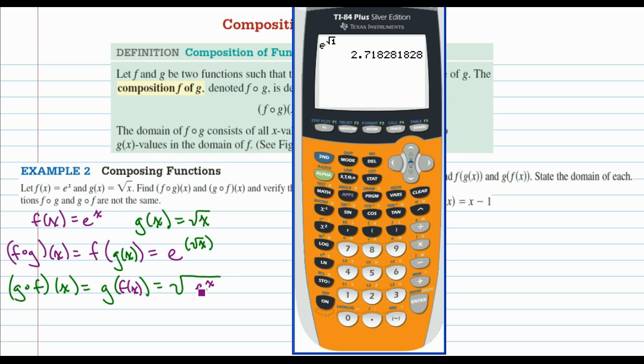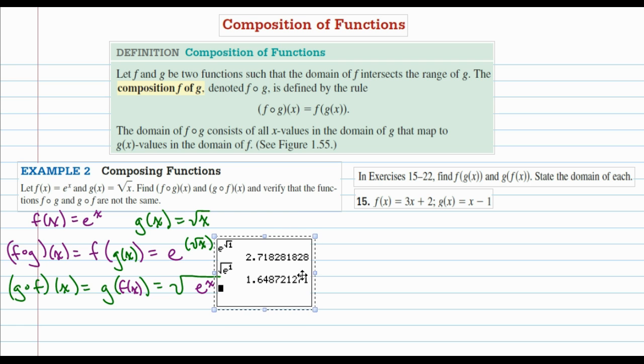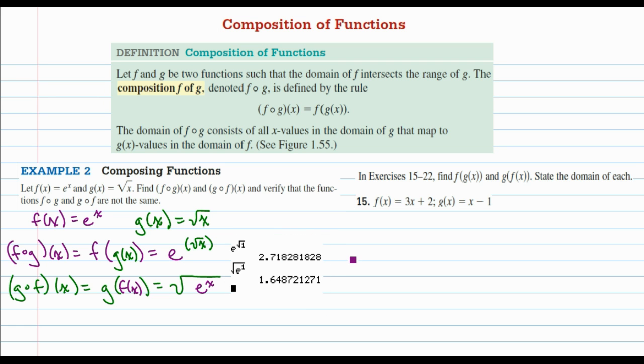That second function is asking for the square root of e to the, we're going to plug in 1 again, first. So when I plug in 1 to either function, I do not get the same output.